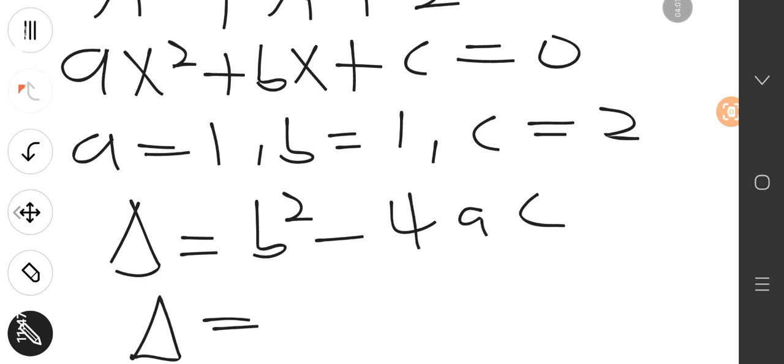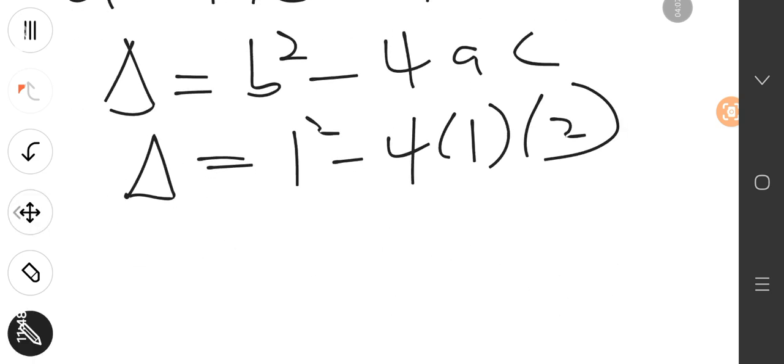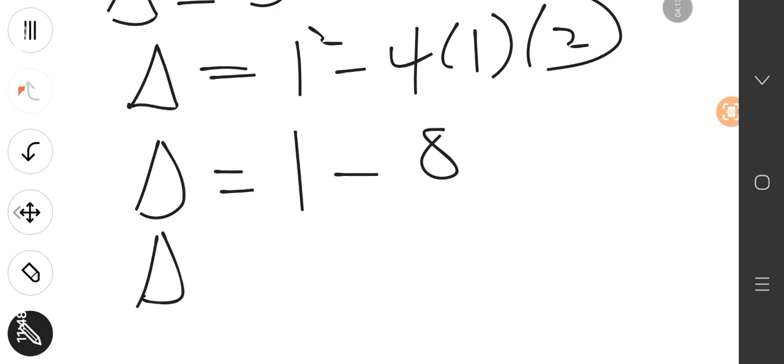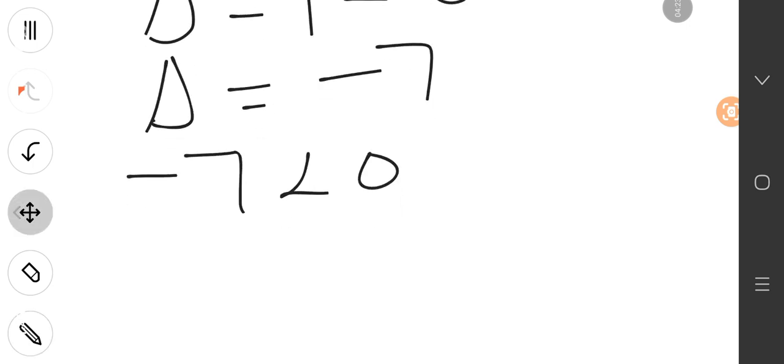So delta equals 1 squared minus 4 times 1 times 2. So you're going to have delta equals 1 minus 4 times 2, which is 8. So you have delta equals minus 7. So you can see the discriminant we've got is less than 0. Therefore, the equation will have complex solutions.